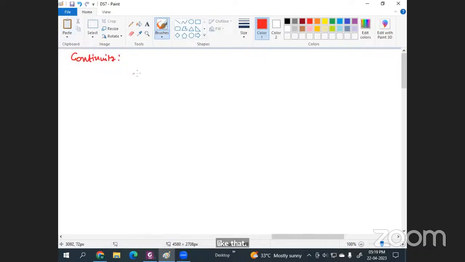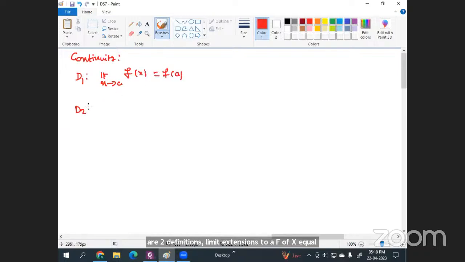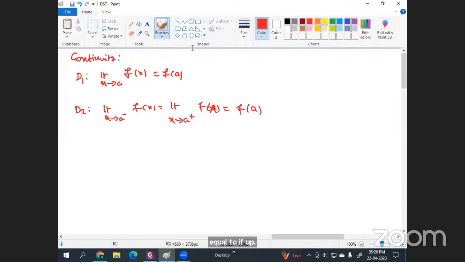Okay, right? Continuity. There are two definitions. Definition 1: limit x tends to a, f of x equal to f of a. Definition 2: limit x tends to a, left hand limit equal to right hand limit equal to f of a.